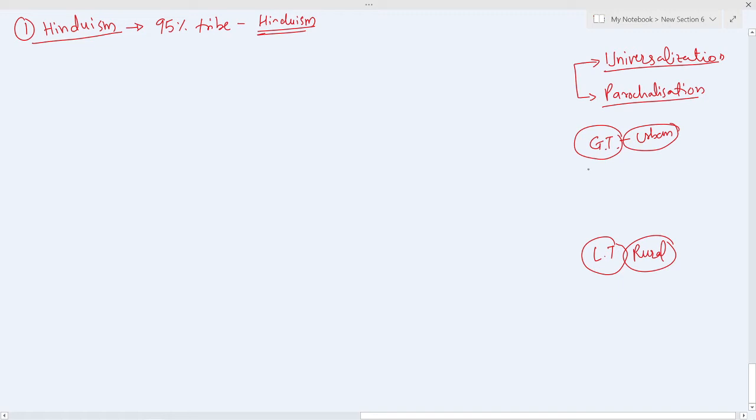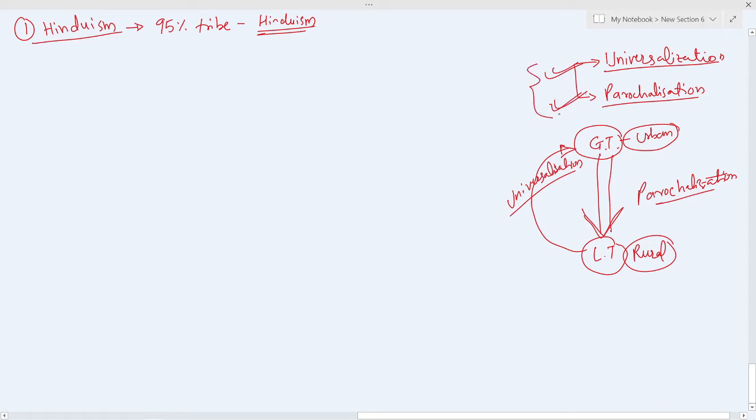Okay, so when a part of great tradition comes to little tradition, that is parochialization. And when a part of little tradition is assimilated or becomes part of great tradition, it is called universalization. Questions separately can come on these two topics.